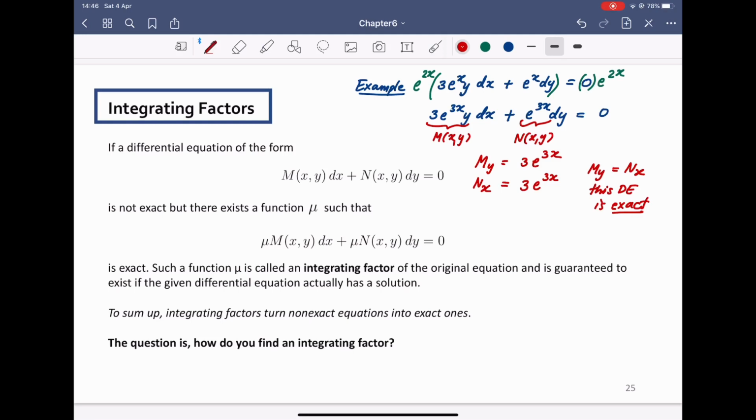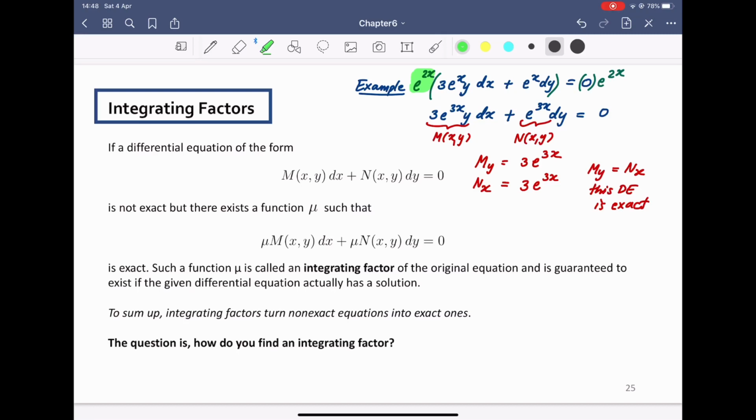So you can see now that if you multiply by e^(2x), it changes the world. It transforms your original differential equation into an exact differential equation. The function e^(2x) here is called an integrating factor. Now let's take a step back and look at a formal definition.